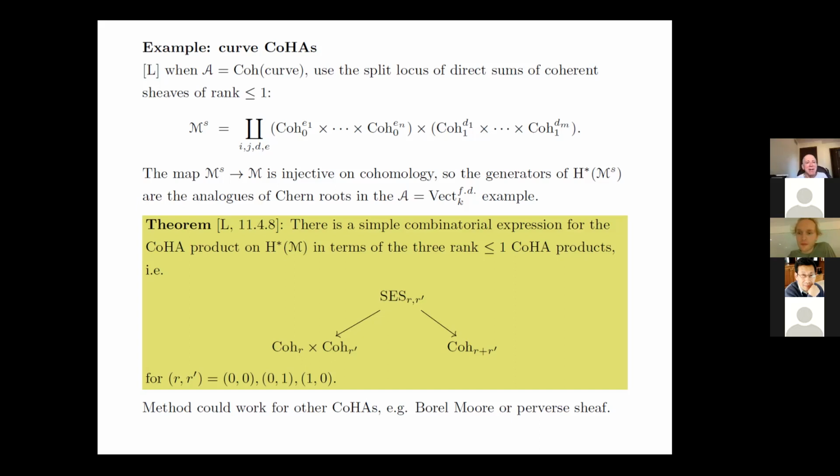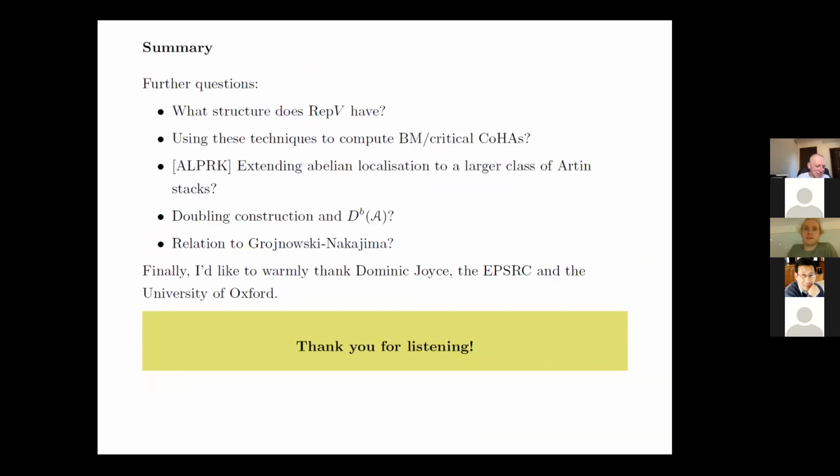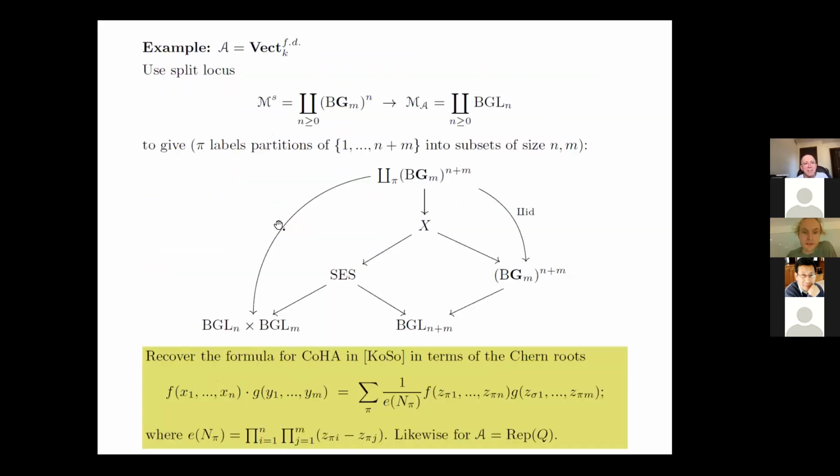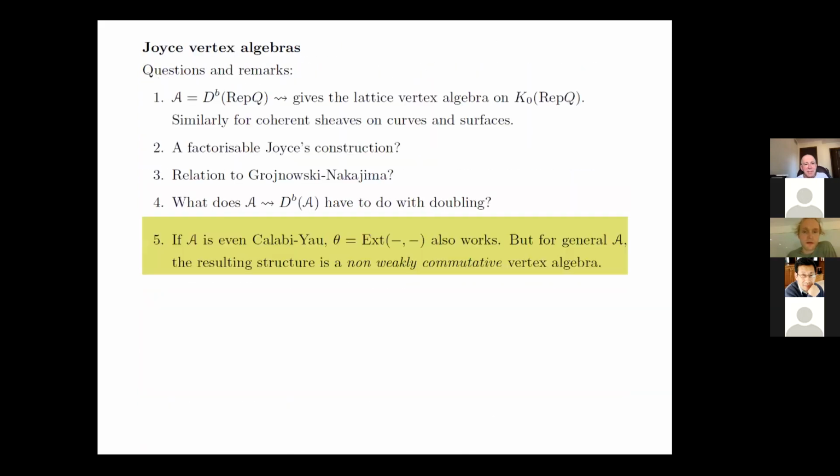Derived, yeah. Well, I think so. The answer is not that I know yet, but I think there's this answer floating around that there should be some relation between passing between the abelian category and the derived category and doubling.